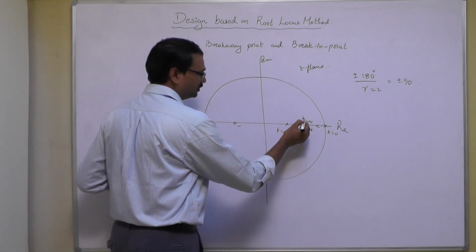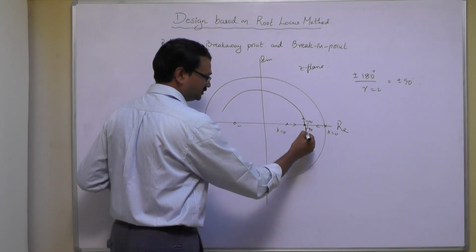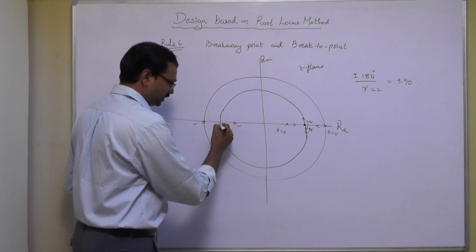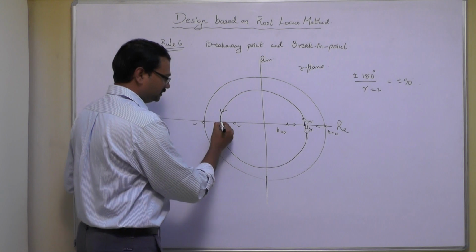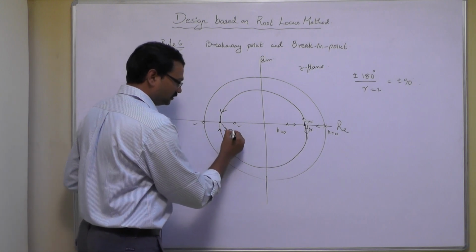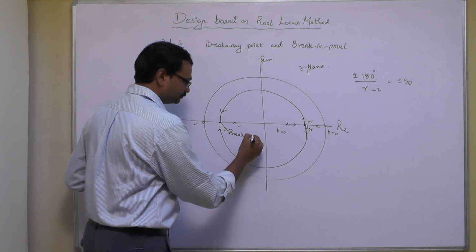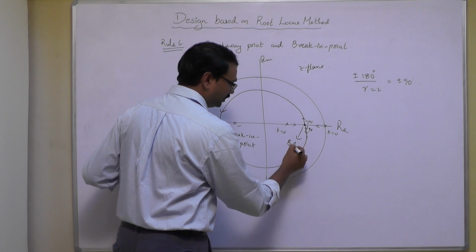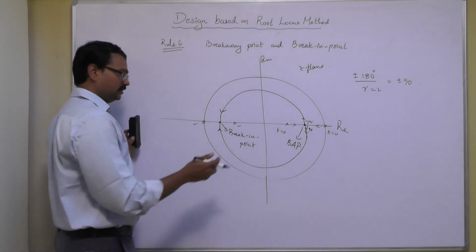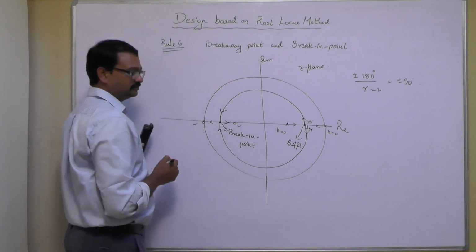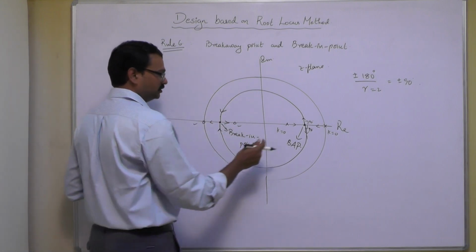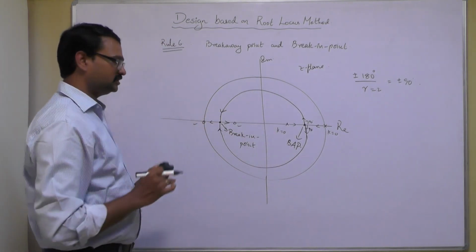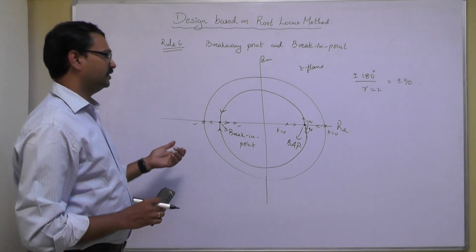So as k is increased, they will try to move towards the zeros, but they don't directly go there. They meet here, and this is called the break-in point. This is called the breakaway point, when they meet here and move towards infinity. So they meet here, break away, meet here, break in, and move towards the zeros. So these are called breakaway and break-in points.